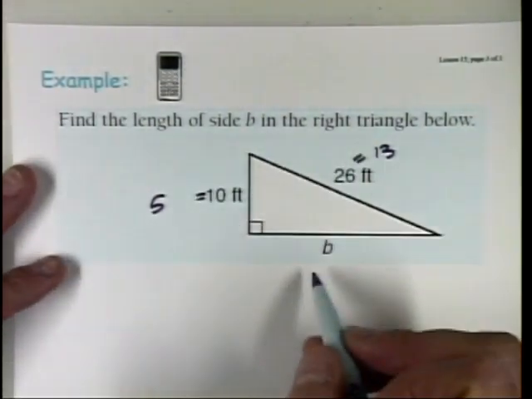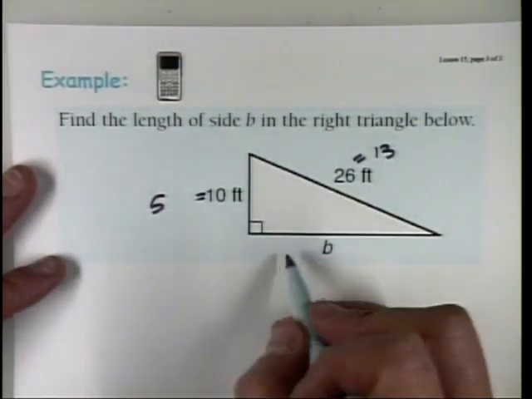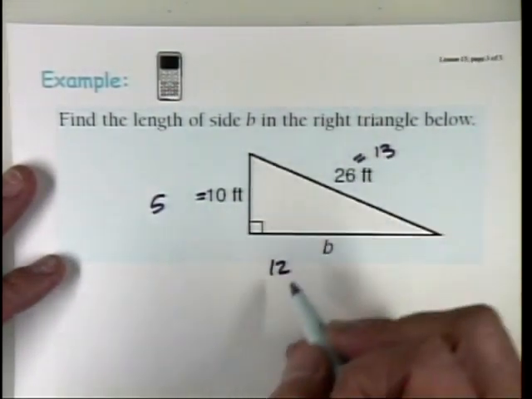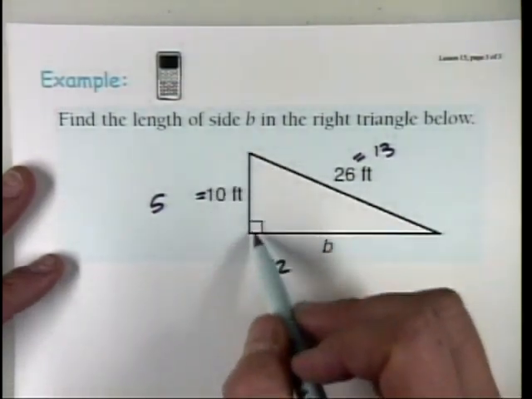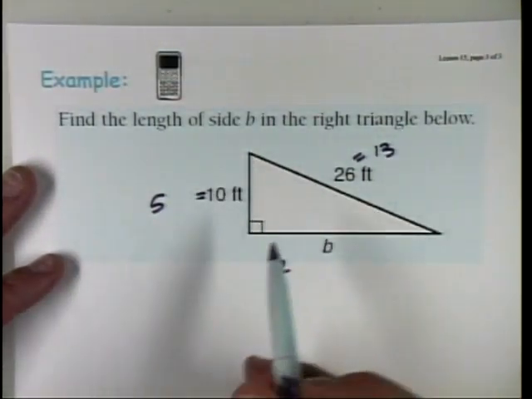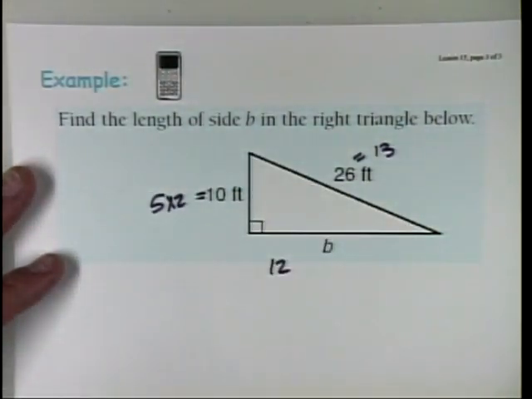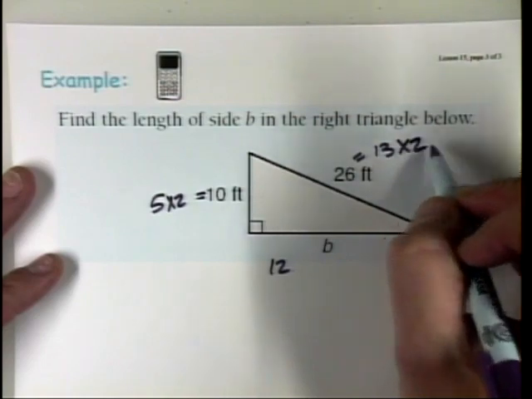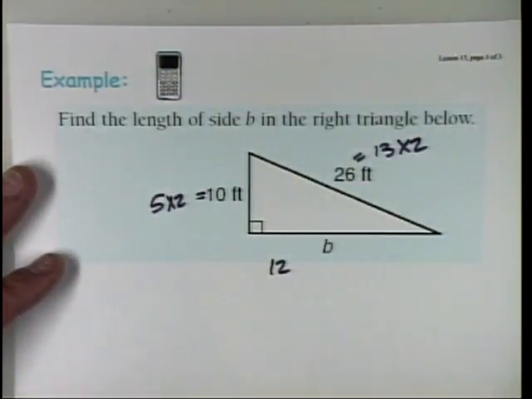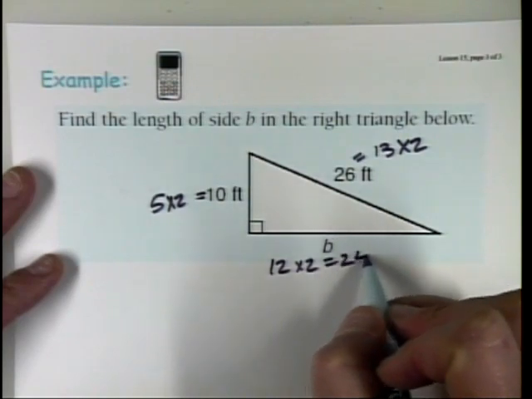It would be the Pythagorean triple that we know times 2. So the Pythagorean triple here would be a 5, this would be a 12, and this would be a 13. Now notice that every side length, all three of them, is increased in the same proportion. In this case, 5 times 2 equals 10, and 13 times 2 equals 26. So the missing side must be 12 times 2, or 24.